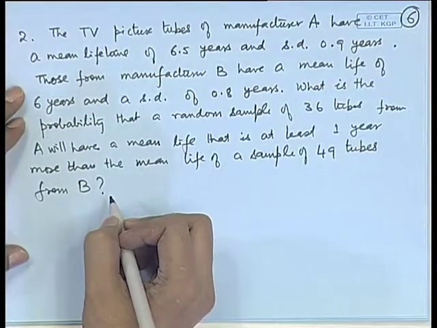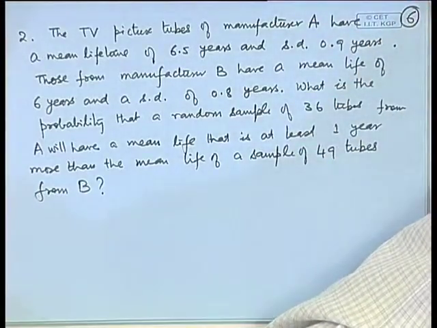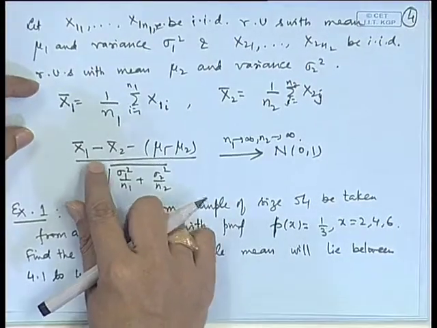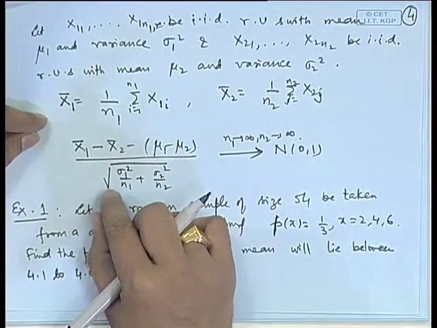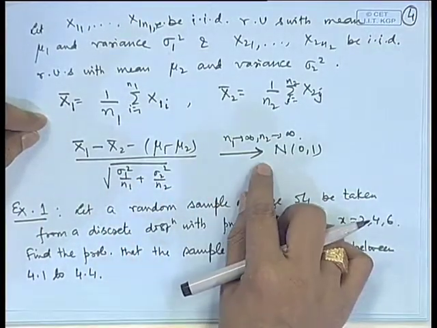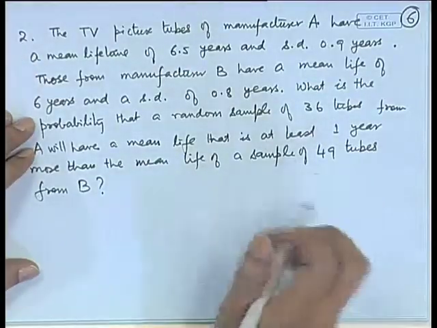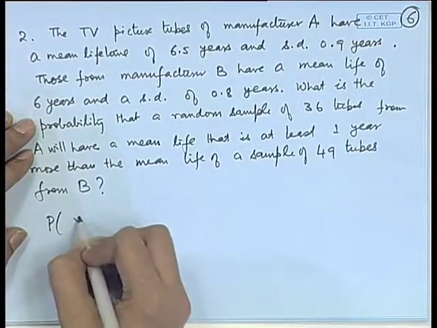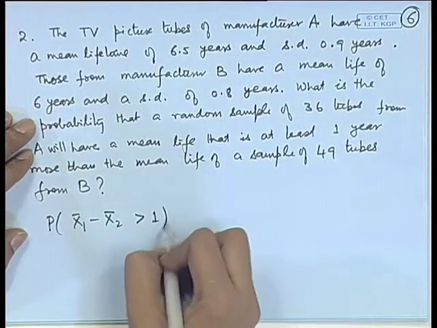So, here we will apply the extended version of the central limit theorem, because we are dealing with two samples. So, we can consider that (X̄_1 minus X̄_2 minus (mu_1 minus mu_2)) divided by root of (sigma_1 squared/n_1 plus sigma_2 squared/n_2) will be approximately standard normal. So, here we are supposed to find the probability of X̄_1 minus X̄_2 greater than 1.